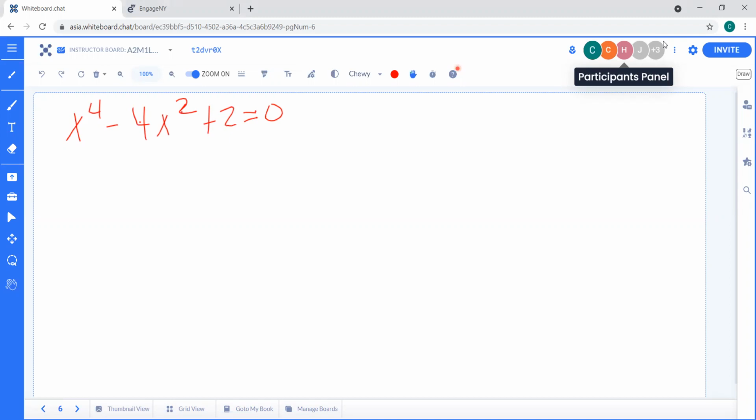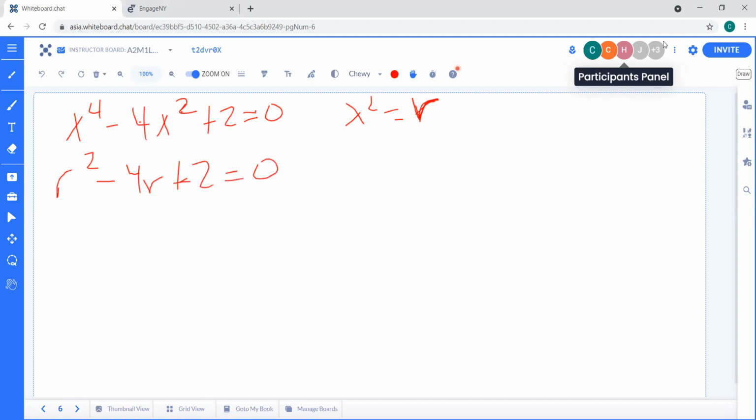So we're just going to do something crazy here, and we're just going to make up something. Let's go with x squared is equal to r. Let's make x squared equal r and rewrite this. R squared, right? So that would be x squared, which would be x to the fourth, minus 4r plus 2.